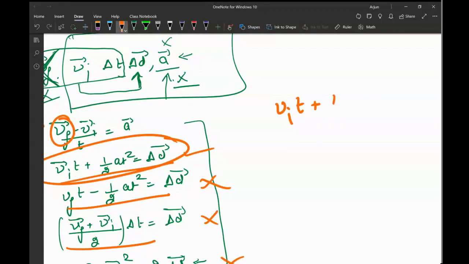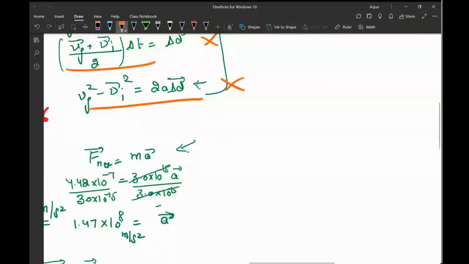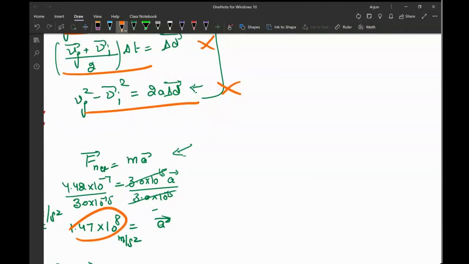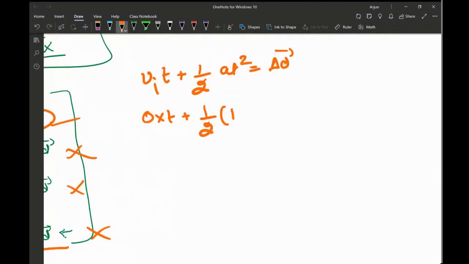Initial velocity times time plus half a t square equal to delta d. And then initial velocity, as I said, is 0, times time, plus half times acceleration value, which you figured out, 1.47 times 10 raised to the power 8, multiplied by time.